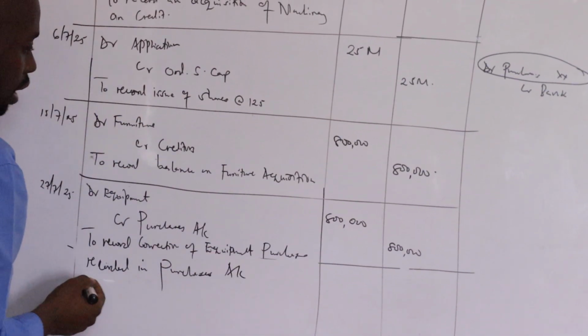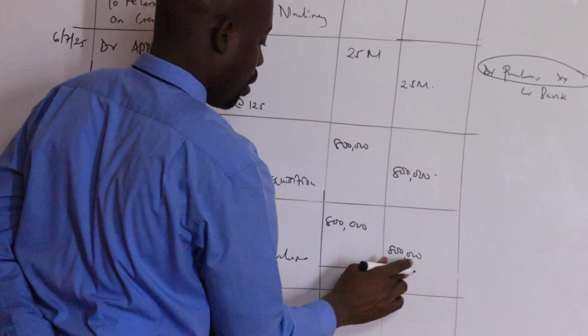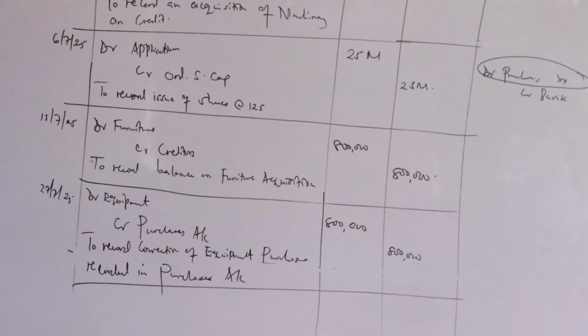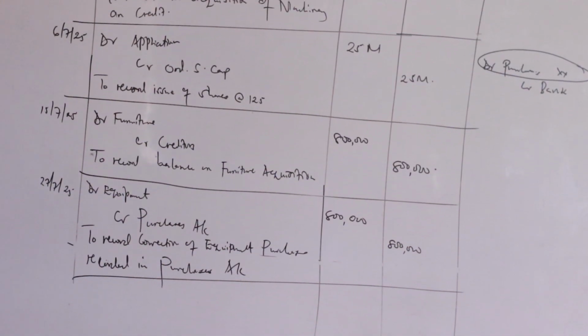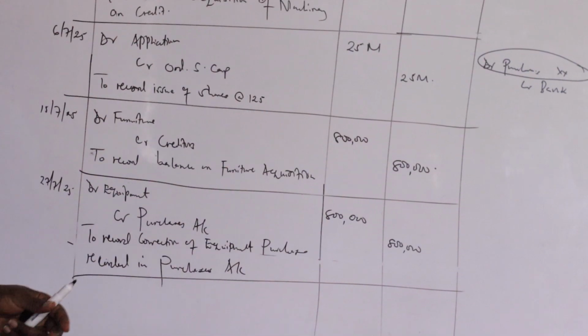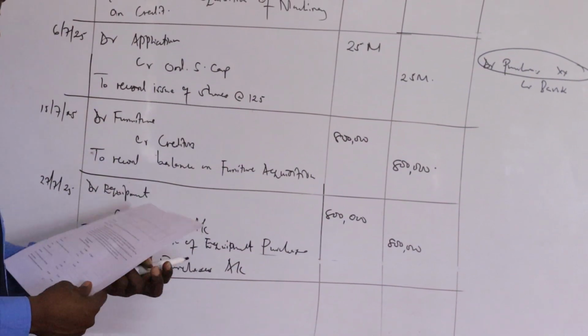So we are correcting that error, just moving the amount from the wrong account to the correct account. So that is the last journal we are supposed to learn on this topic number 2.